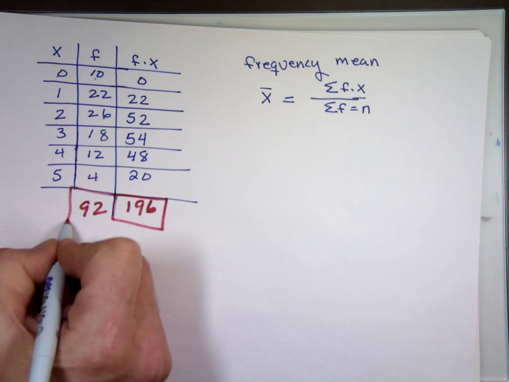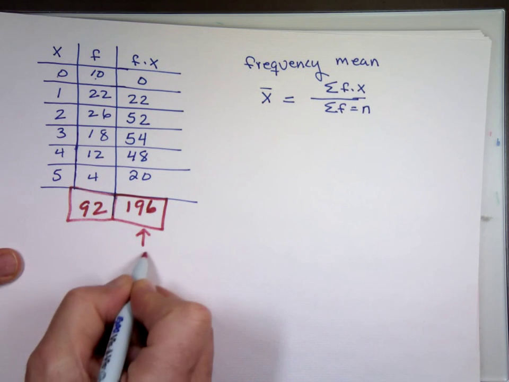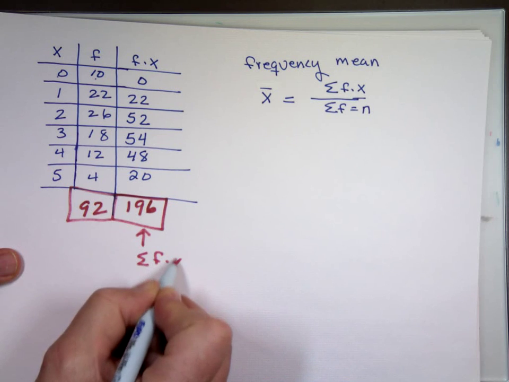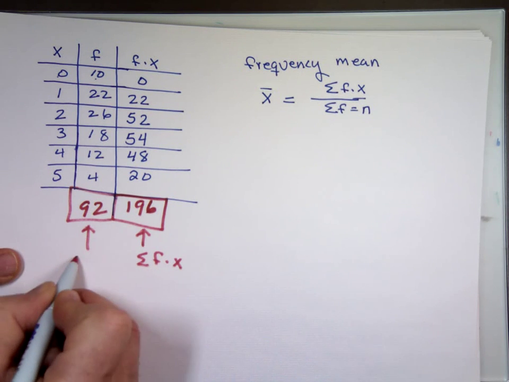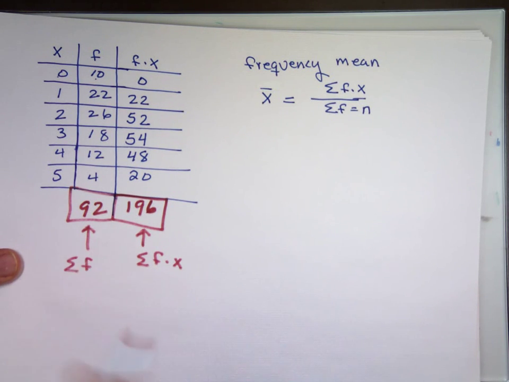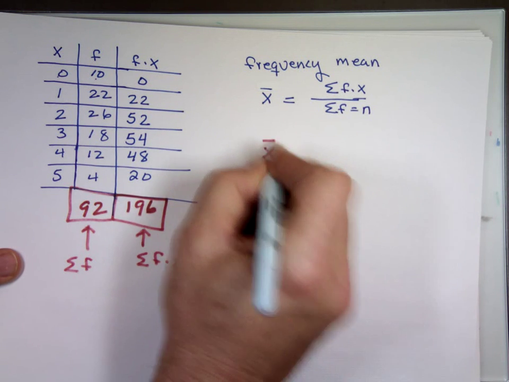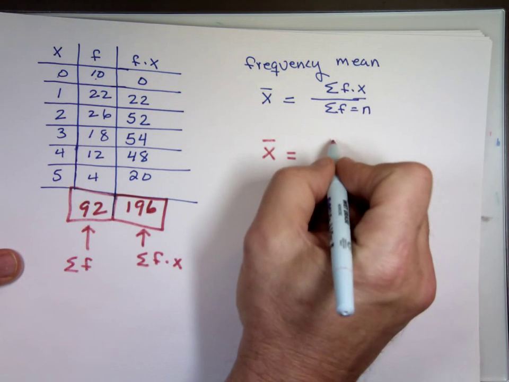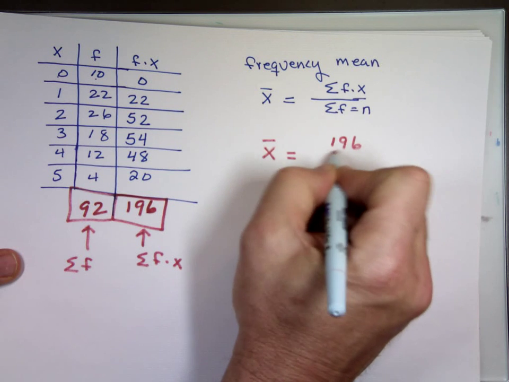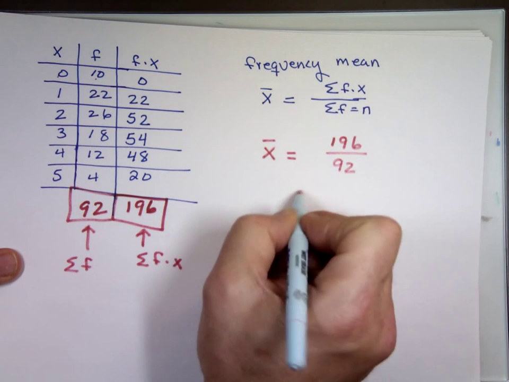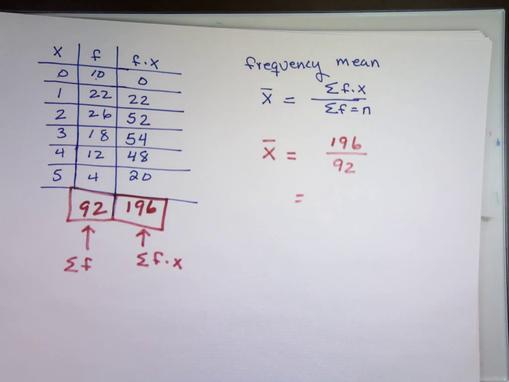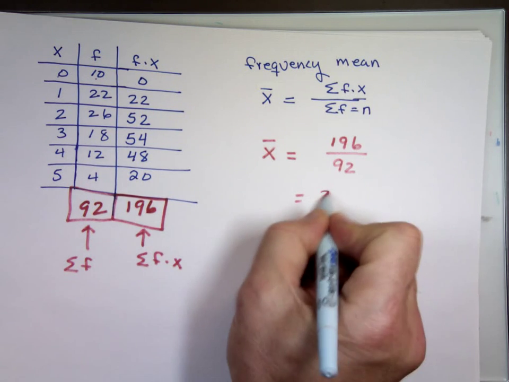So this one here is the sum of f times x. This one here is the sum of f. So what is my average? It's going to be 196 divided by 92. Let me use a calculator. 196 divided by 92 is 2.13 siblings.